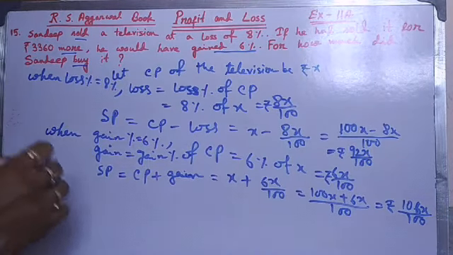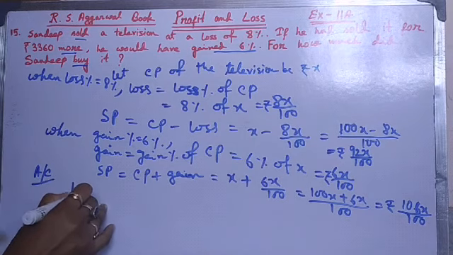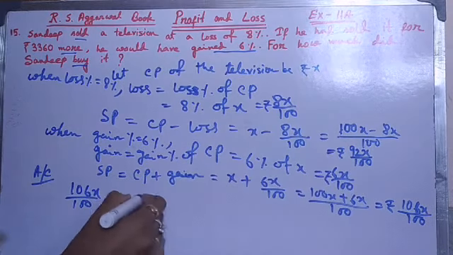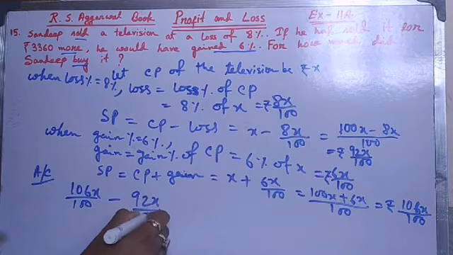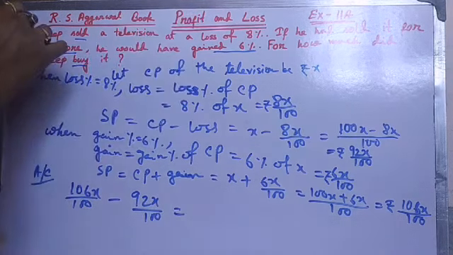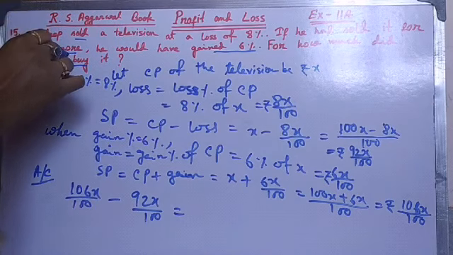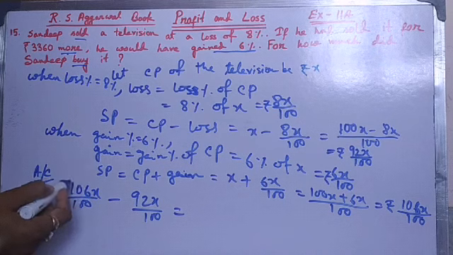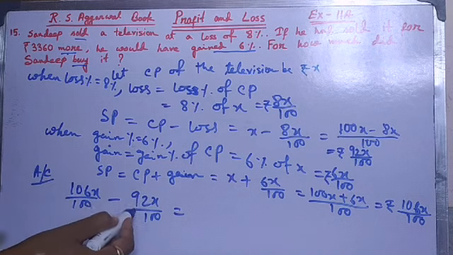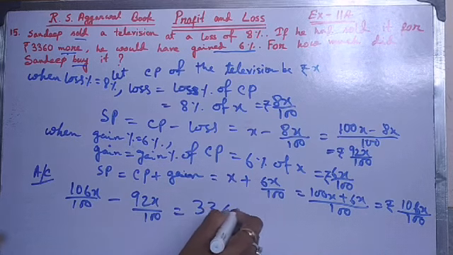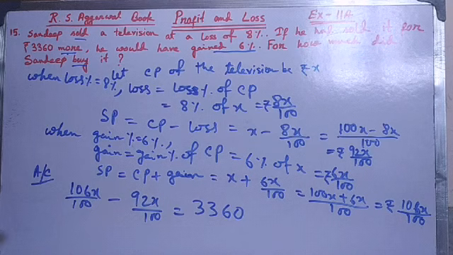That means 106x by 100 minus this SP 92x by 100 equal to this one, because here is given he had sold it for 3,360 more, then gain will be 6%. That means gain is larger. That's why when gain will be happened, then that SP minus loss SP equal to 3,360. If we solve it, then we will get the answer.